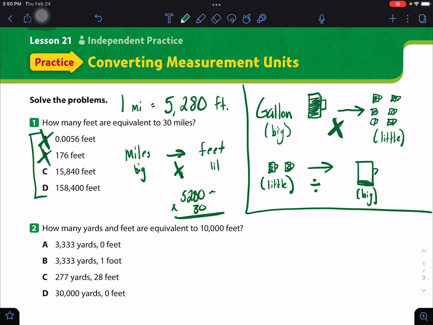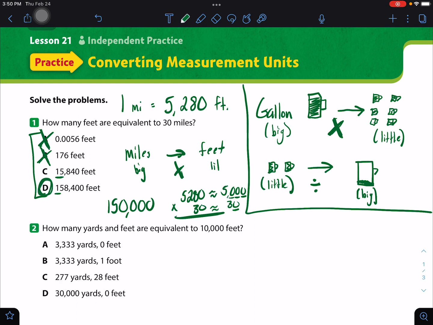Well, if I estimate both of these, this is about 5,000, and this is already 30. I know 5 times 3 is 15. Both of these have a 15, but it should have 1, 2, 3, 4 zeros. So if I think about those 4 zeros, and I think 150,000, the only answer that is closest to that would be D.